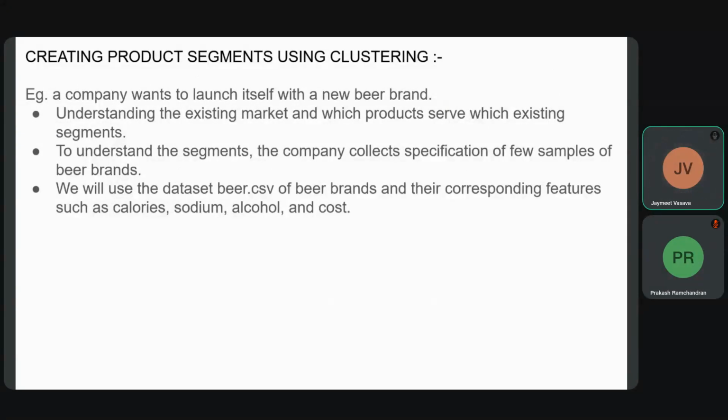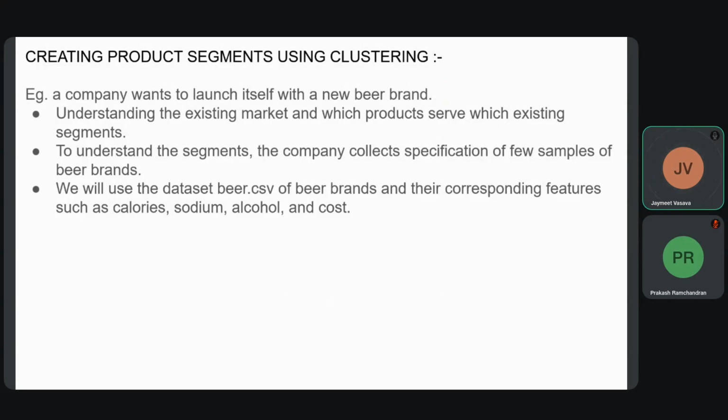Now we'll be discussing another topic called creating product segments using clustering. For this, we'll be taking another data set and another example. This time we'll be taking an example of a company who wants to launch a new beer brand.